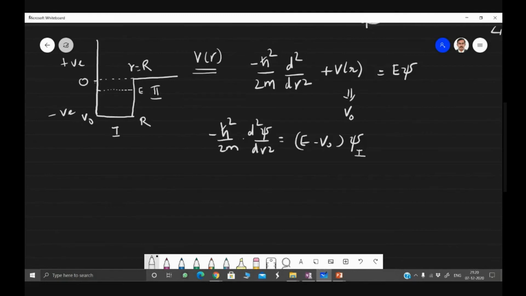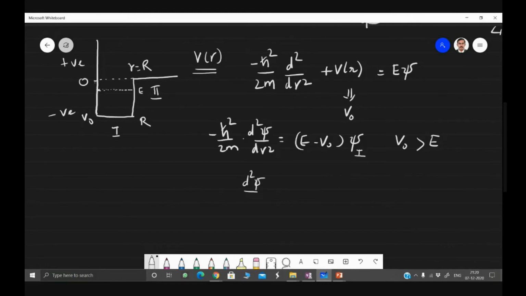Okay, the energy which binds this nucleon, or the eigenvalue associated with this wave function, is given here, being a weakly bound system, which lies somewhere here, and hence obviously the value of V naught will be greater than E.